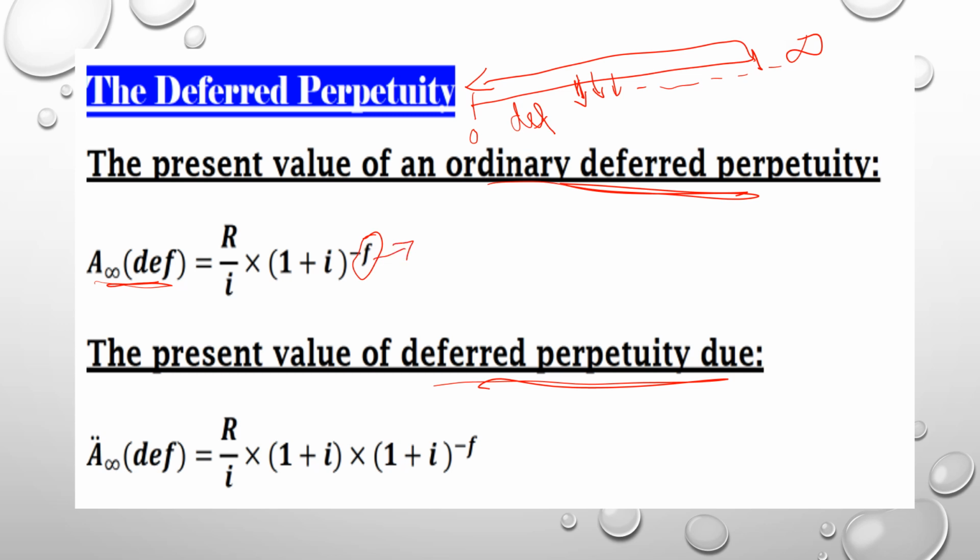The present value of the deferred perpetuity due equals R over I times 1 plus I times 1 plus I power minus F, and again F equals the number of deferment periods. Let's take some examples to clarify the idea of the deferred perpetuity.